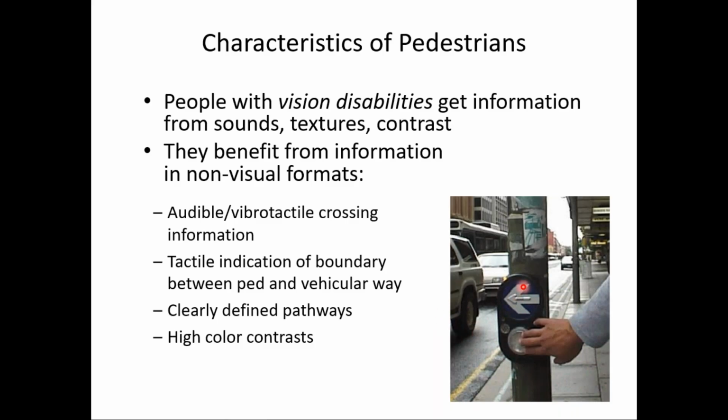But notice kind of superimposed on that is this bold white arrow. And notice the contrast with the dark background. That bold white arrow that's painted on there is really for the benefit of the low vision pedestrians who can detect contrast, they just can't see details.